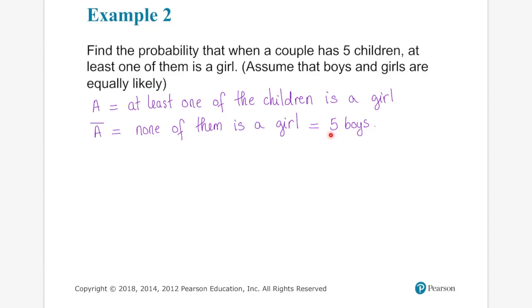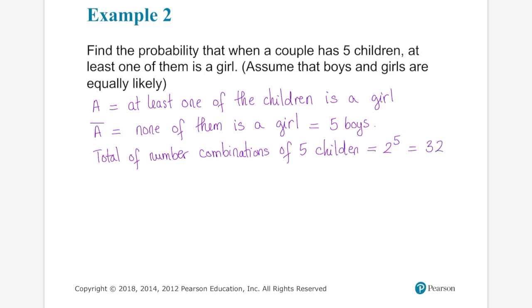Next, we are going to find the probability of 5 boys. We need to figure out the total number of combinations of 5 children. Each child will either be a boy or a girl. So for each child, we have 2 possible outcomes, either boy or girl. And we have 5 of them, so we raise it to the 5th power. That is 32 different combinations.